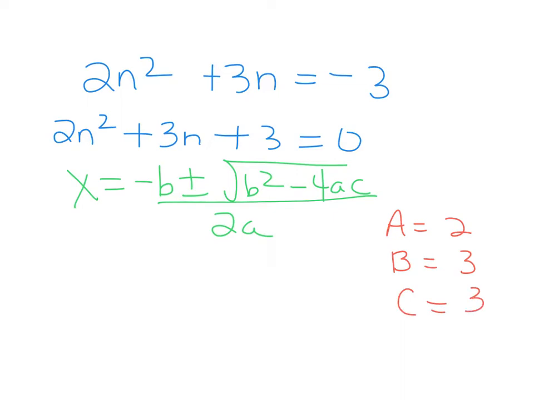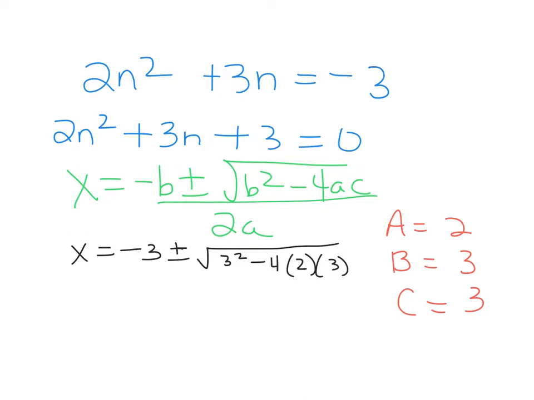All right, so start plugging them into the actual quadratic formula. So x equals -b, so -3 plus or minus square root of b squared, b is 3, minus 4 times a is 2 times c is 3 all over 2 times 2.